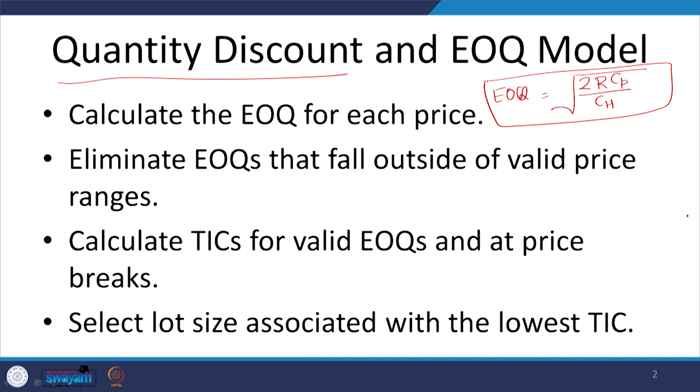One cost parameter is the cost of ordering, another is the cost of holding the inventory. So, directly we are not involving the cost of material in this formula, but sometimes the discount given by the supplier is a very attractive discount.